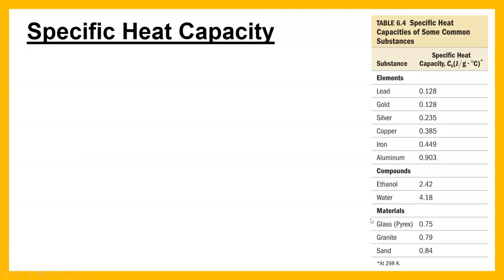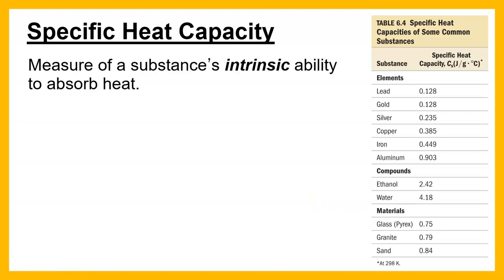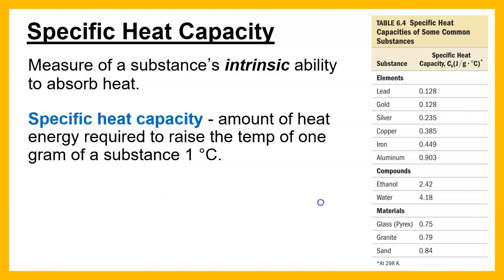All right, so for specific heat, it is the measure of a substance's intrinsic ability to absorb heat. Based on the material, how much heat can be absorbed. Specific heat is the amount of heat it takes to raise the temperature of 1 gram of the substance by 1 degree Celsius.